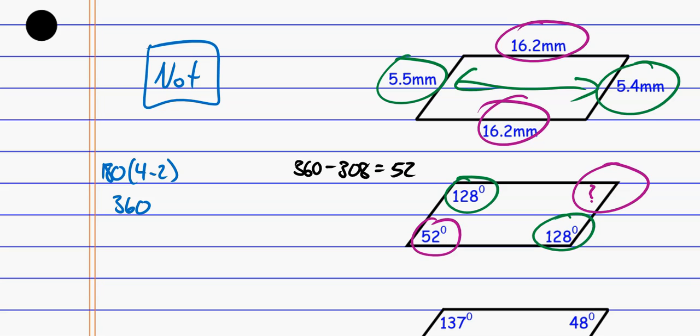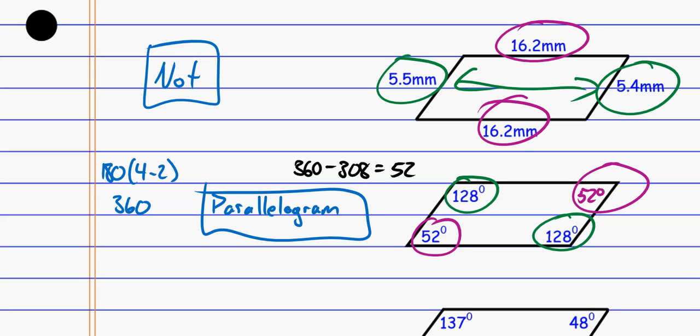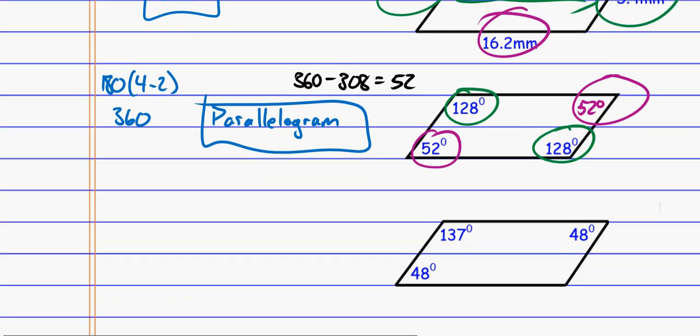If I come over here and mark that guy, the missing angle is 52 degrees. Well, now I can see that those opposite angles are also congruent. So because both pairs of opposite angles are congruent, I can safely say that this thing's a parallelogram. Okay. I could have also used consecutive angles for this one, but we'll do that in the next example here if we look at this one.